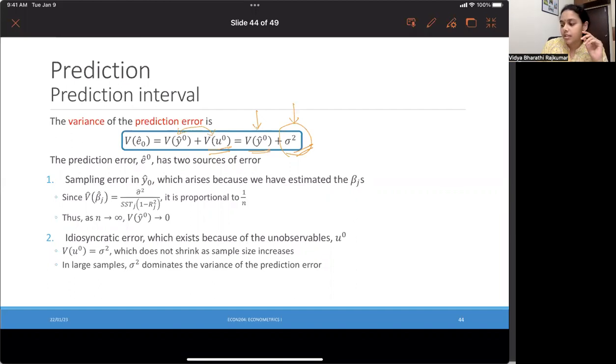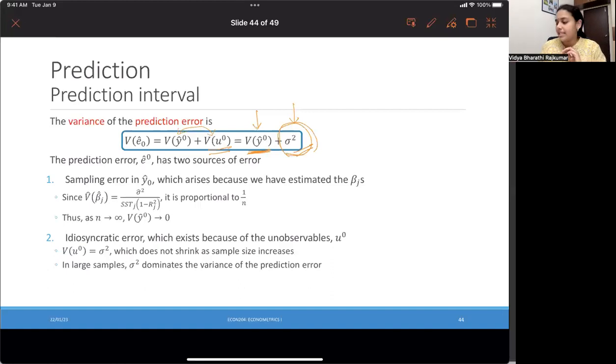Now, the predicted y value, that variance will actually shrink as the sample size increases. So in larger samples, this will shrink to a smaller number. Now, the error variance need not necessarily shrink to 0 with the larger sample. So what you'll see is that as you have larger and larger samples, the sigma square will dominate your error variance, the prediction error variance.